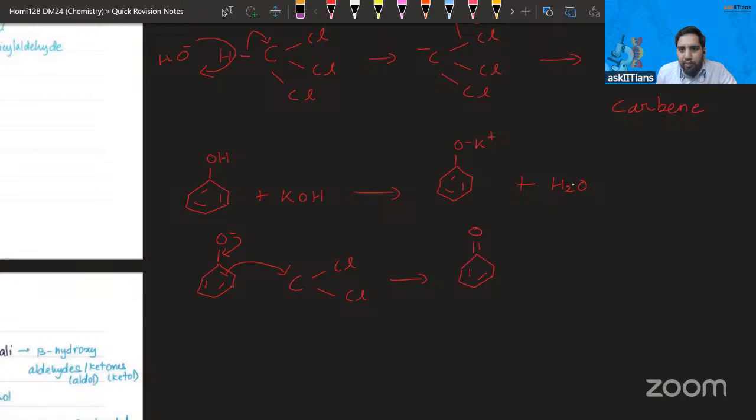One double bond of the ring is going to break, with Cl, Cl. So benzene loses its aromaticity, which is not good for benzene. So what we do: we have hydrogen here, and the carbon is going to get a negative charge, because it already has 2 electrons and 2 more electrons move from the benzene.